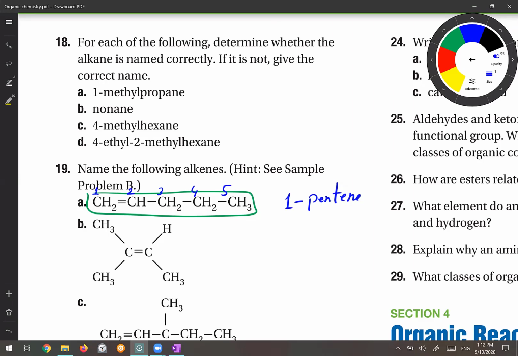Okay, for the next molecule, you have to find the longest chain which contains the double bond. The longest chain which contains the double bond is this one. So you have 1, 2, 3, 4 carbons. Also, you can choose this one to be your longest chain. Both of them are same.